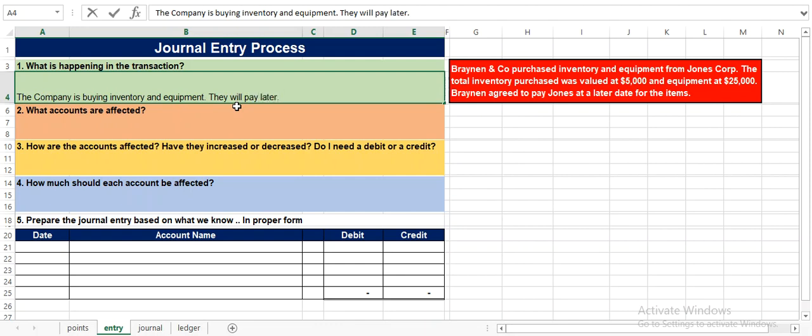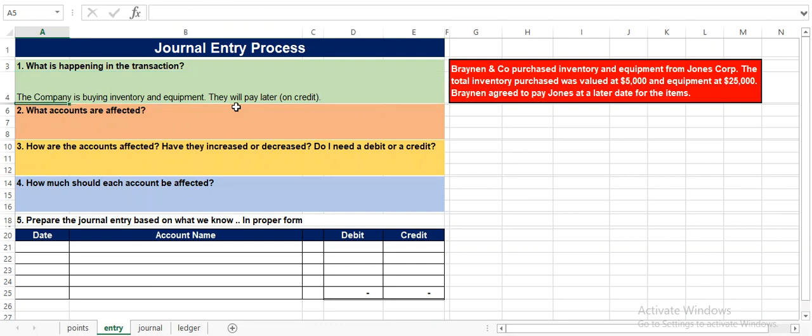And paying later, another word for that is on credit. So they'll pay that balance at a later date. But they're getting this inventory and this equipment from Jones Corp. So that's a good way to describe what's happening.